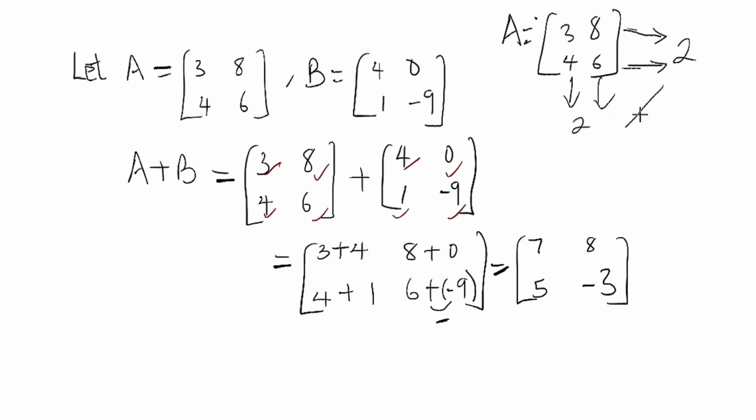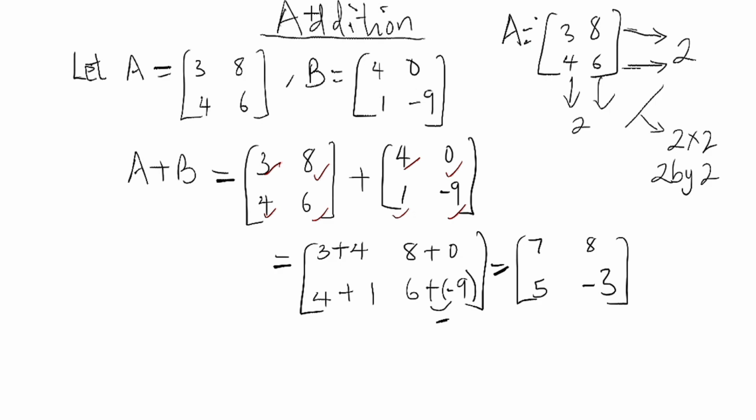This is what we call a 2 by 2 matrix. Row by column: the row is 2, the column is 2, so it's a 2 by 2 matrix. This is for addition of matrices.